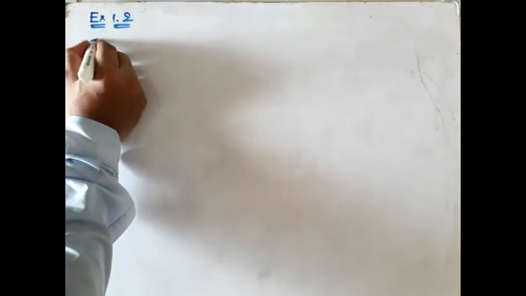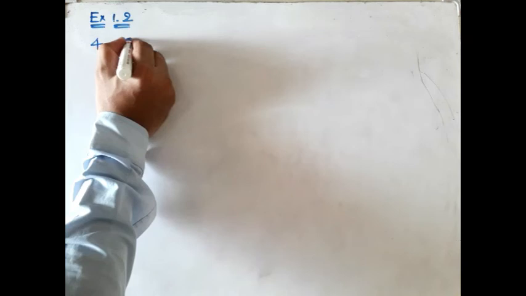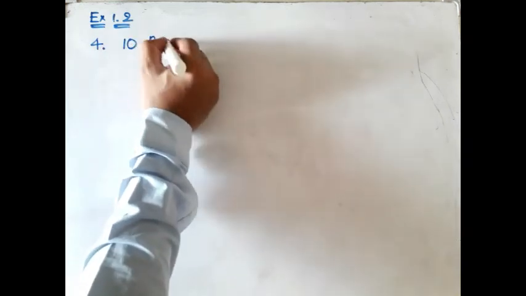The next concept we are going to deal with is inserting rational numbers between any two given rational numbers. I want to give you an example. Just look. I am taking exercise 1.2, fourth question.